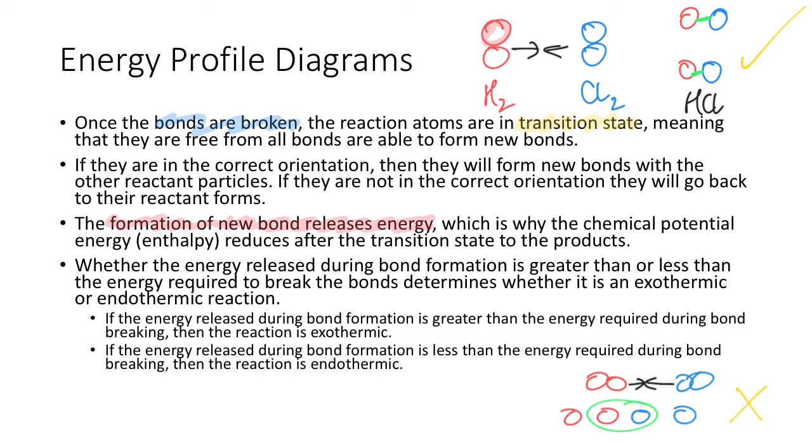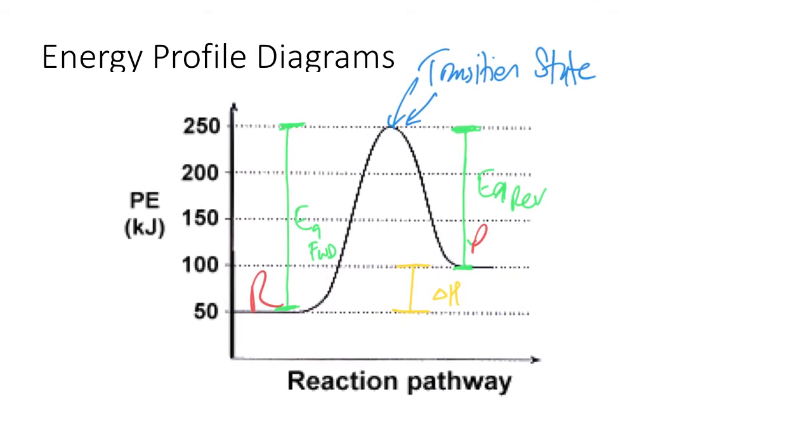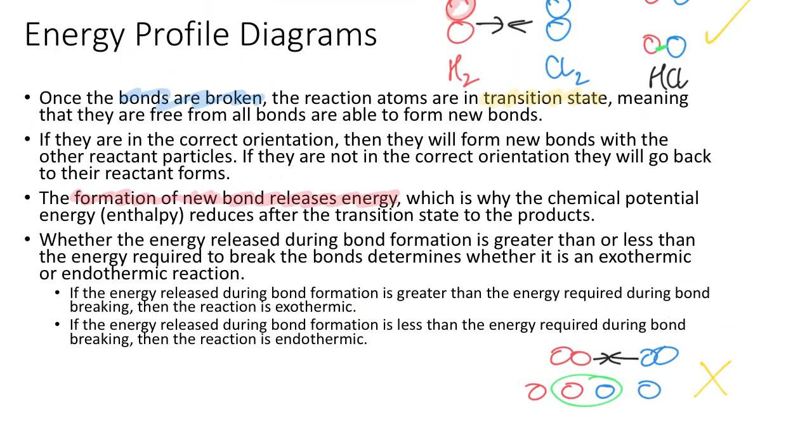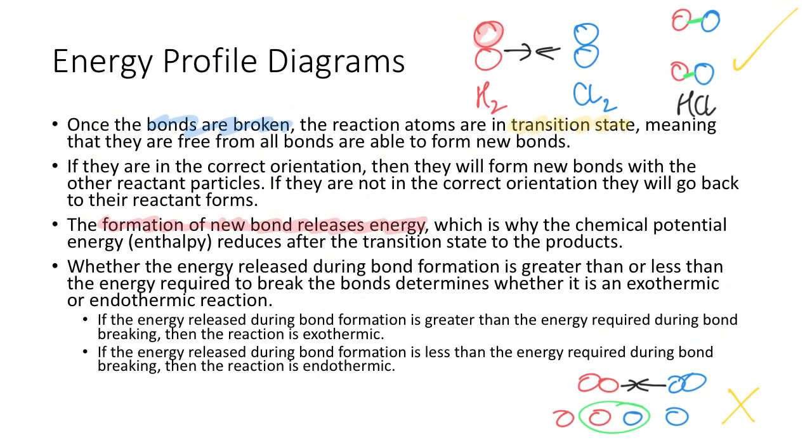So what does that mean? From the transition state, as it goes down, that enthalpy drops because it has lost chemical potential energy. And that chemical potential energy is turned back into kinetic energy or some other type of energy. And so you have the idea that it releases energy.